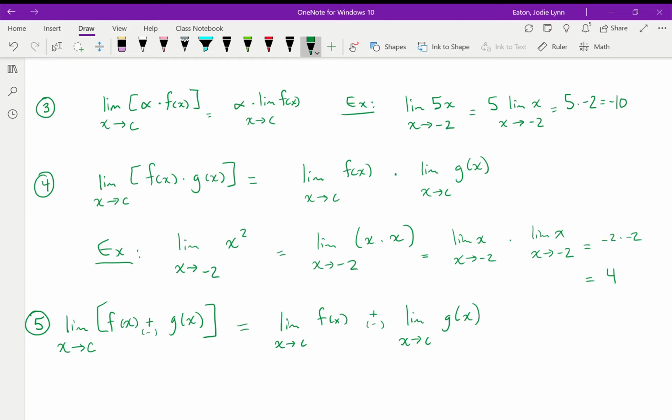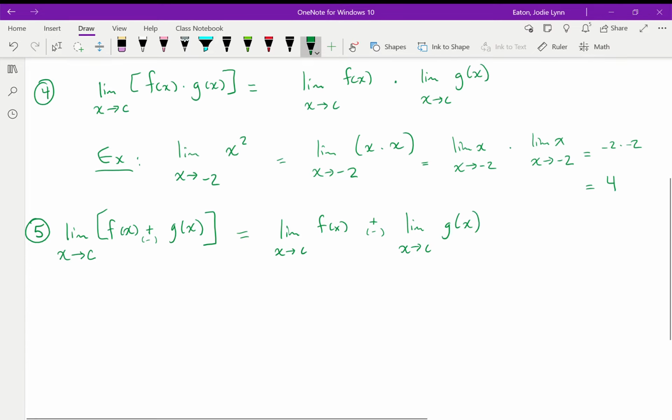Okay, and we don't technically need the minus because we can use our constant multiplier, so it could be a negative, and we can use -1 for that. But this works pretty well.